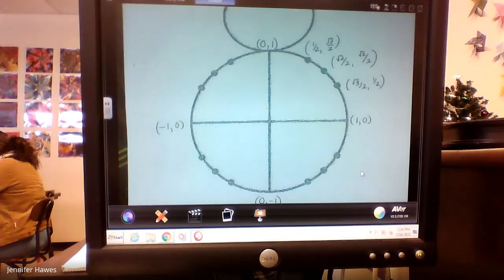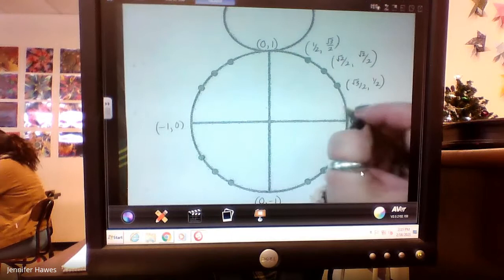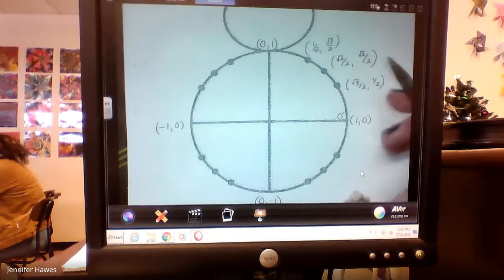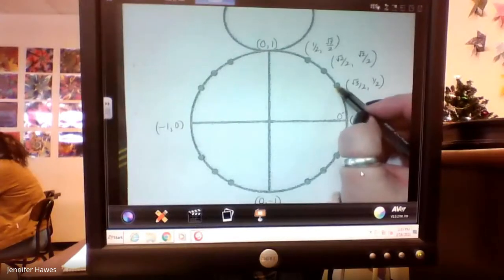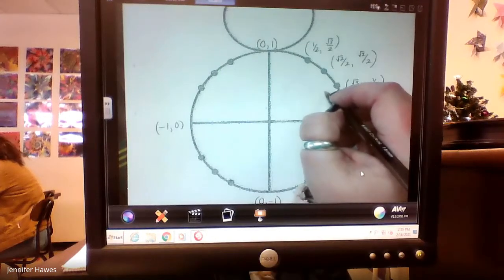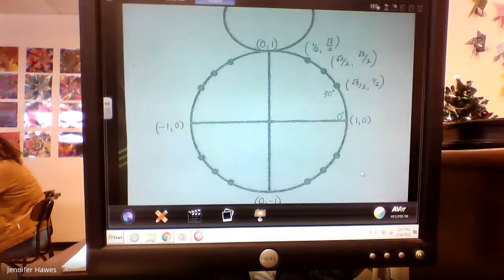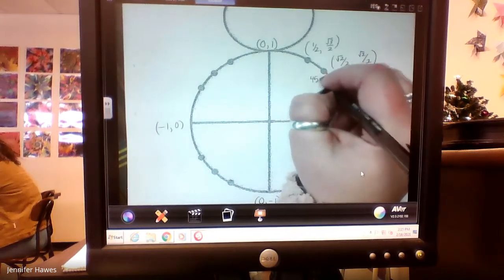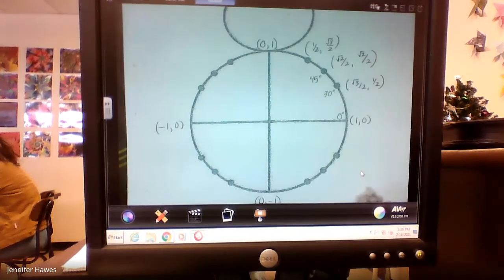One thing I'm going to do is put in some degrees here. So this right here would be 0 degrees. This first dot just represents the little triangle I made in my little bow tie, and that was 30. This one right here was a little triangle with 45 down there in that corner.